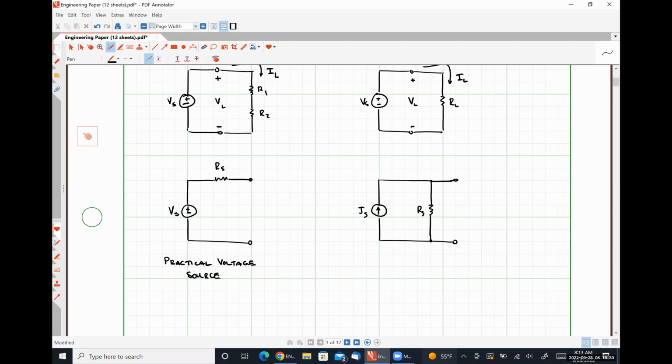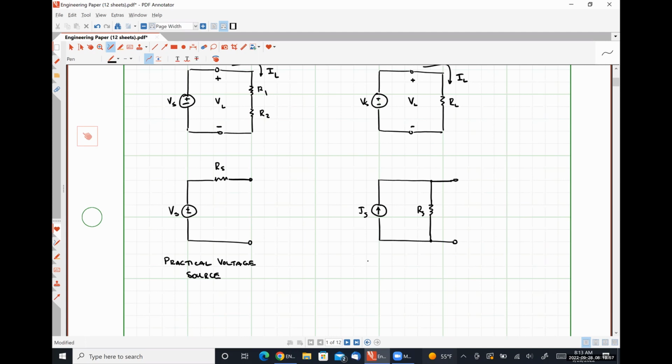This is called a practical voltage source because it behaves like a realistic voltage source like we might find in a battery or something like that. So it's no longer an ideal voltage source where the amount of current flowing out of the positive terminal is infinite. The resistance restricts the amount of current that this voltage source can supply to an externally connected circuit.